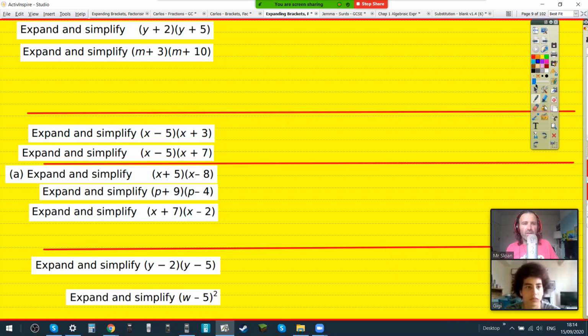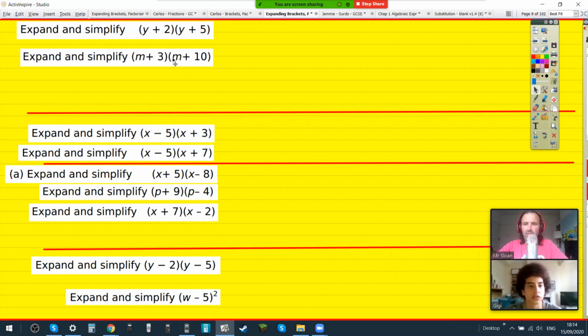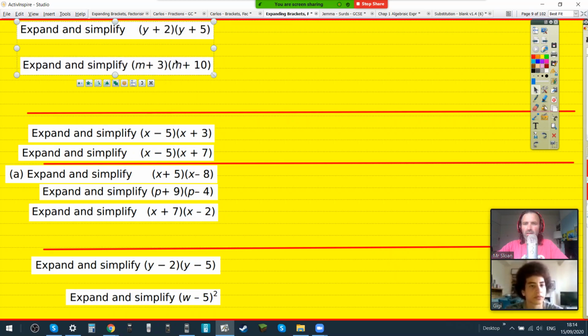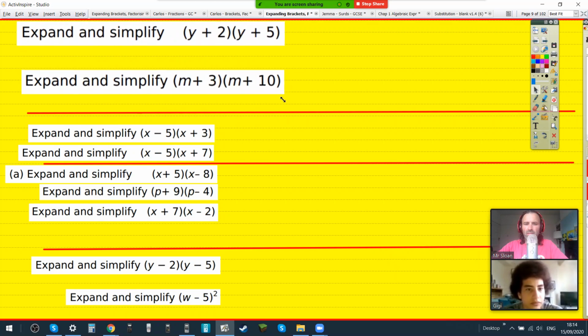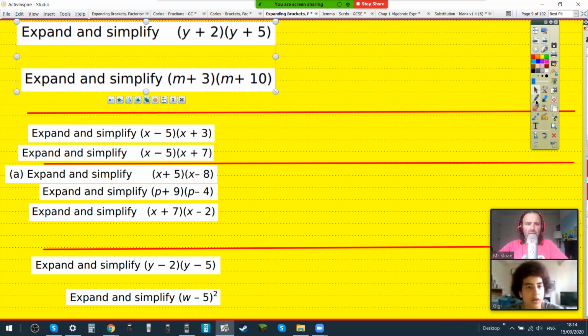Do you already know how to expand double brackets? I think so. You should do one. Yeah, do the first one. Y times y is y squared. Y times 5 is 5y. 2 times y is 2y.